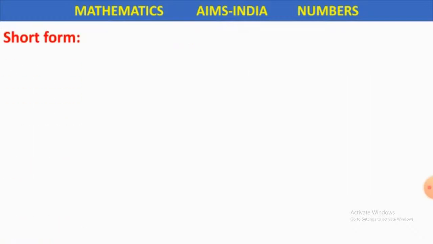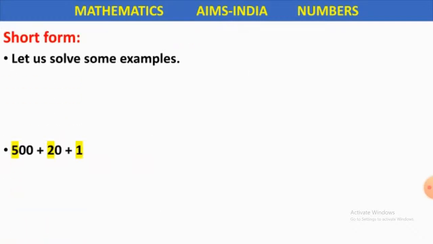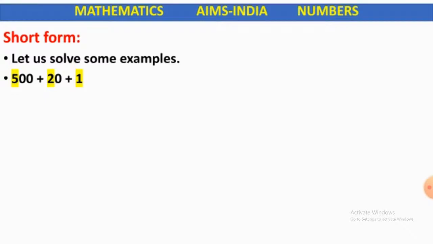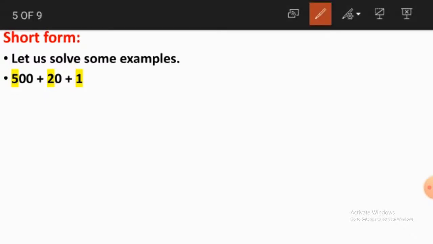Now let us solve some examples of short form. First question: write the short form of 500 plus 20 plus 1. In short form, children, you have to be careful of one thing. The first number given is 500, right?